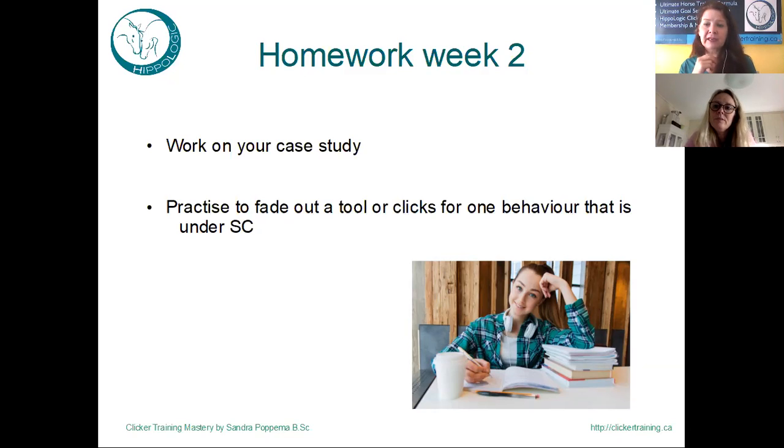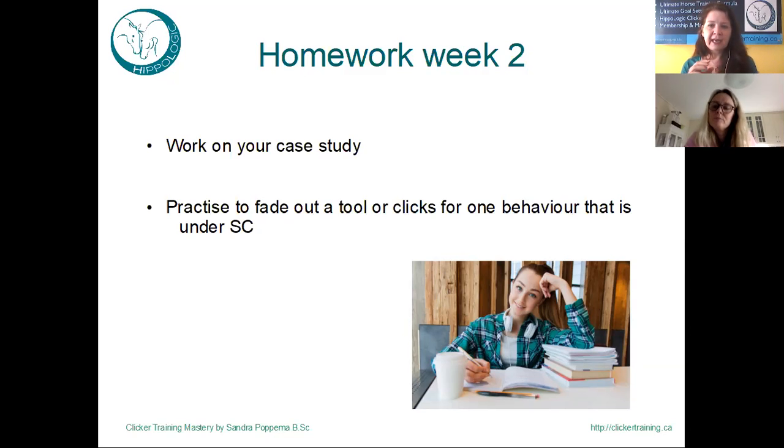You don't have to... like reinforcement, we have to reinforce behavior always once in a while. So if I say fade out, it does not mean never ever click for it or never ever use that tool. But if, for instance, you used a mat to teach your horse to align next to the mounting block, fade that one out and keep track, like this is the behavior I picked.